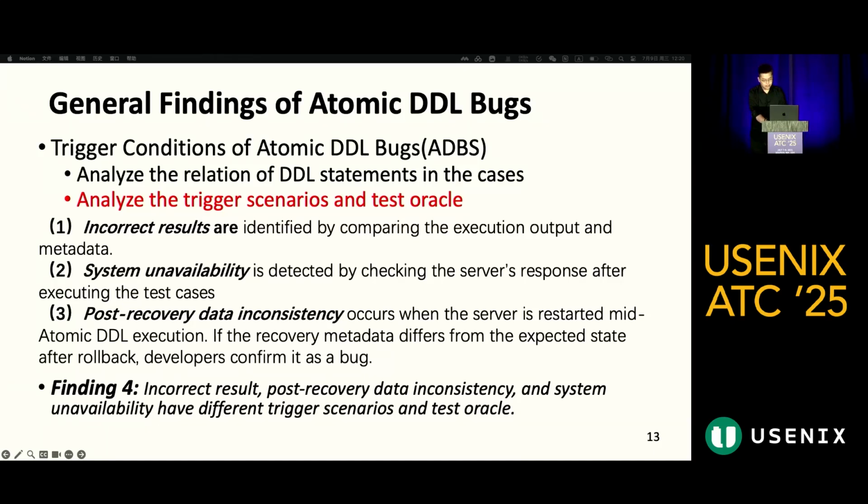The second is named system unavailability, and this is detected by checking the server's response after executing the test cases. The last one is named post-recovery data inconsistency. It occurs when the server is restarted mid-atomic DDL execution, and if the recovery metadata differs from the expected state after the rollback, developers confirm it as a bug.